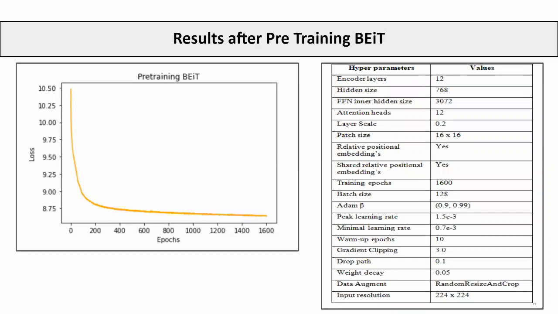Then comes the learning rate. The learning rate was originally set to 1.5, but my model just didn't work with that learning rate. I kept on decreasing it until it finally ran for a learning rate of 0.7.